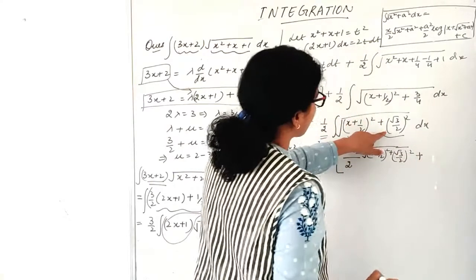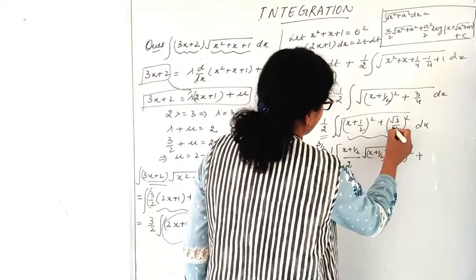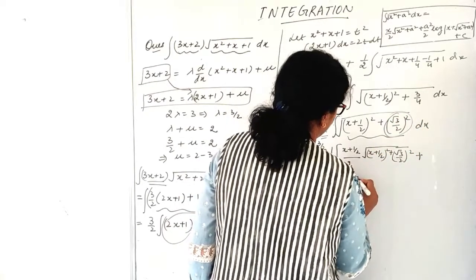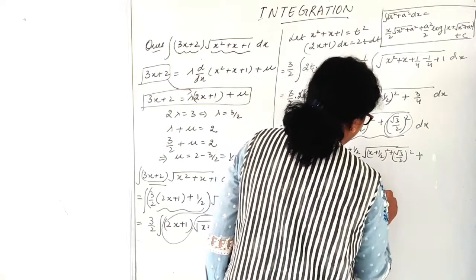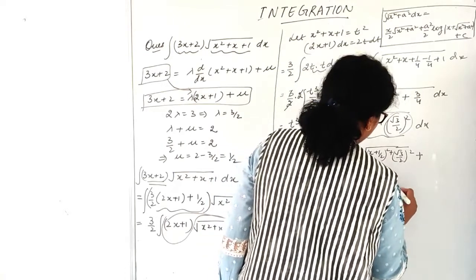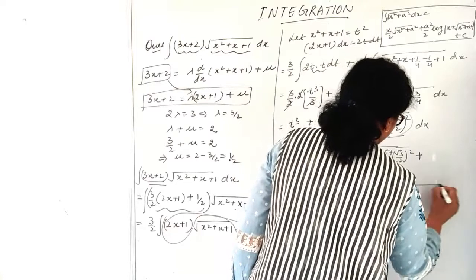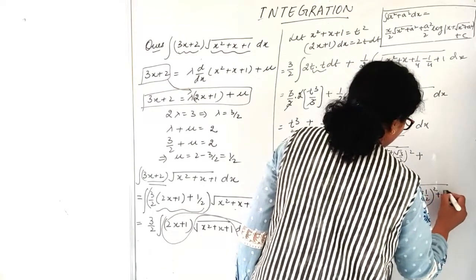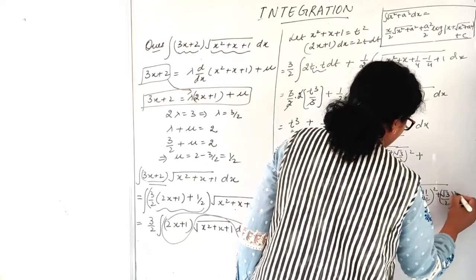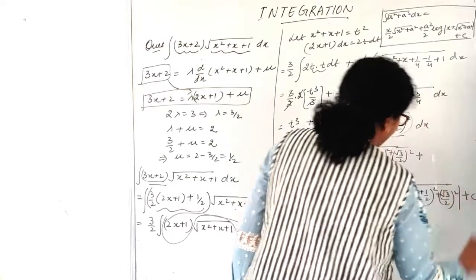Instead of a square I have this part. So root 3 by 2 whole square by 2 log x plus 1 by 2 plus root x plus 1 by 2 whole square plus root 3 by 2 whole square plus c, right?